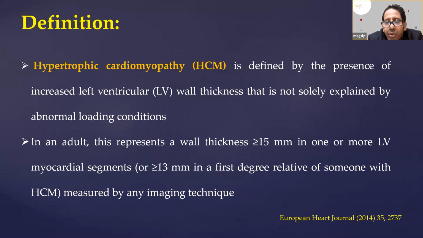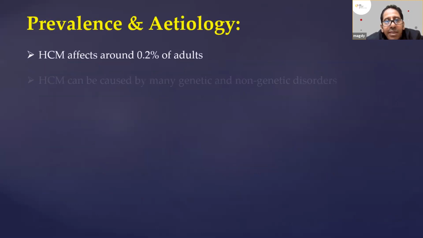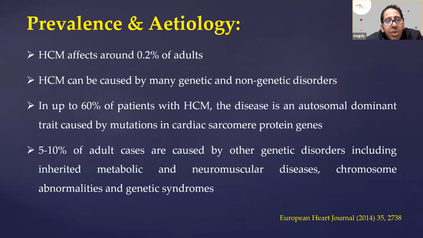So a wall thickness of more than 1.5 centimeter in one or more of the myocardial segments, or more than 1.3 centimeter in a first degree relative of someone who has hypertrophic cardiomyopathy, which can be measured by any imaging technique like echo or CMR, as we will see later. Overall, the disease affects around 0.2% of adults.